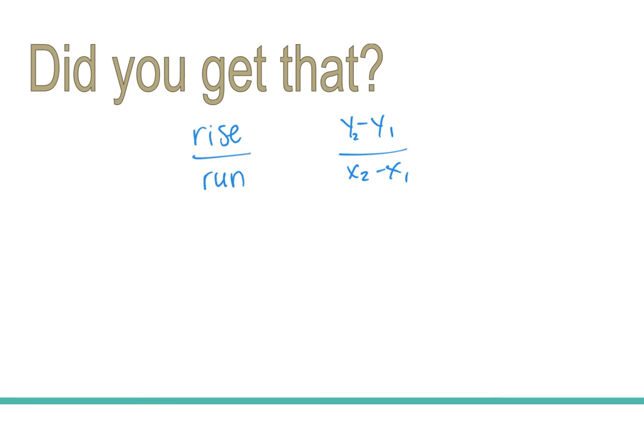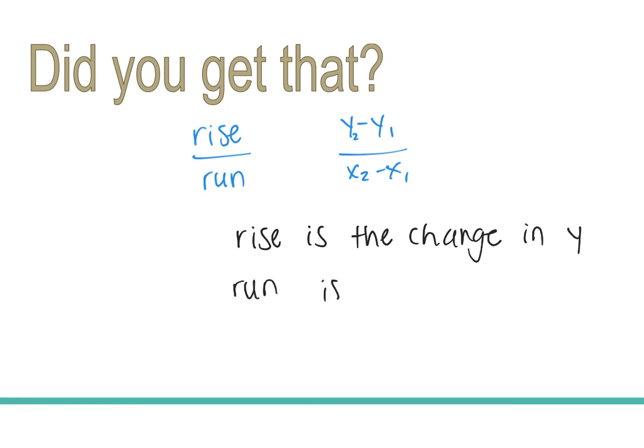Neighbor, to the best of your abilities, explain to me why these two are the same. What we're going to write is rise is the change in y, and run is the change in x.